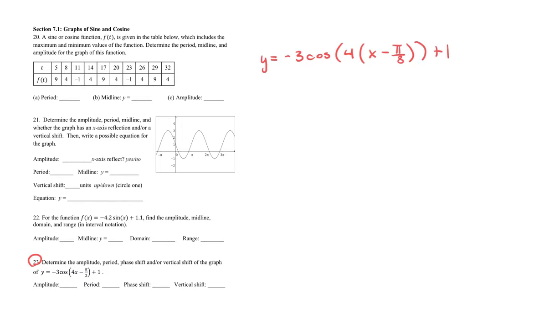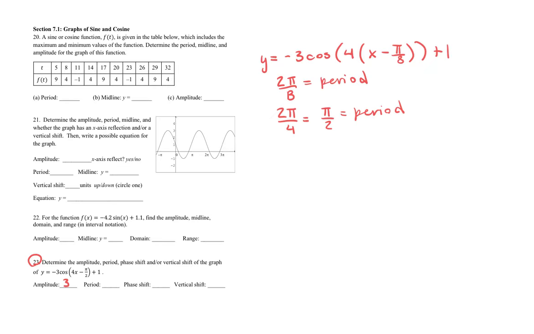Okay, so then we know our amplitude should just be that 3 out in front. Our period is given, we know that 2 pi over b is equivalent to our period. Here our b is 4, so we'll go ahead and compute that. That'll be 2 pi over 4. That's the same as pi over 2, so that will be our period here.